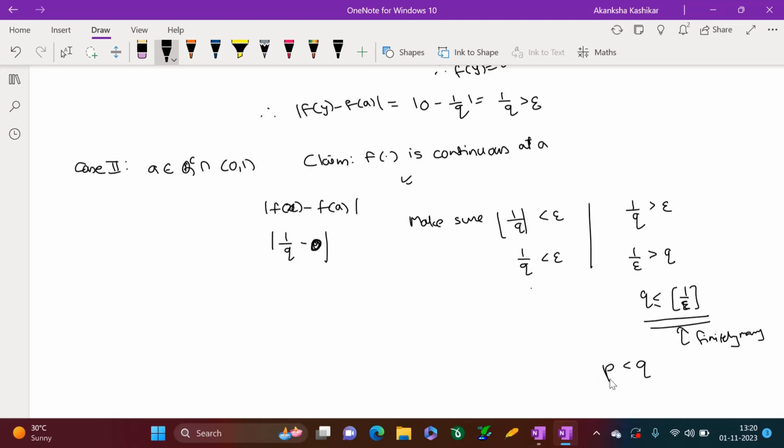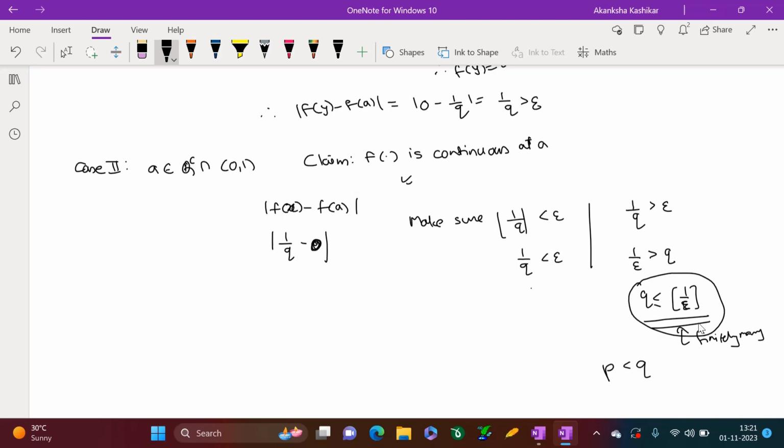So possible values of p for which p is less than q is less than 1 by epsilon is also finite. Let me repeat. The number of rational numbers which have q which satisfies this condition is finite. So majority of rational numbers in the interval 0, 1 won't have this problem. Only finitely many rational numbers will have problem.